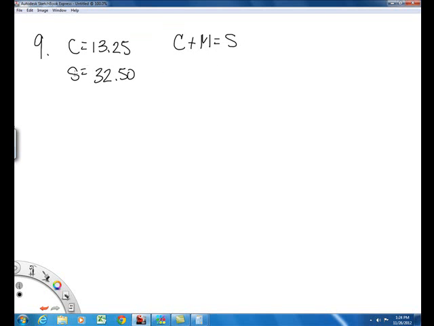And I have two. Anytime you have two of them, then you can solve for the third. So I'm going to fill in the blanks using this formula. I have 13.25 plus a mark on amount equals 32.50. That means I pay $13.25. I sell it for $32.50. The question is, how much do I make each time I sell it?